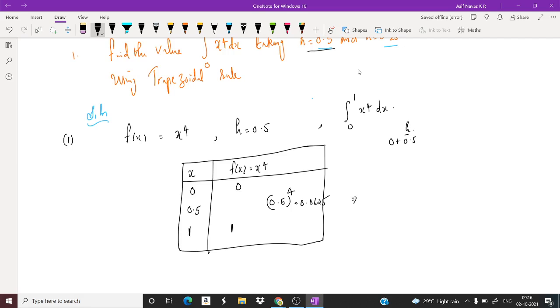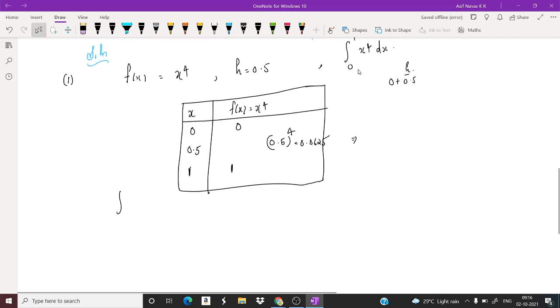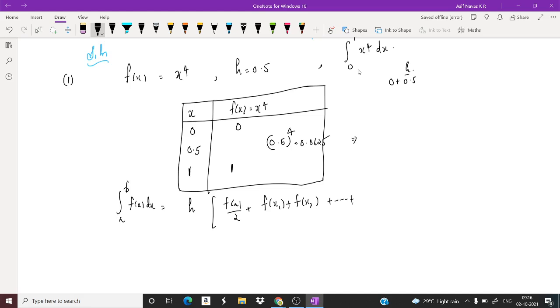Now, first we will write the formula. The integral from a to b of f(x) dx is equal to h into [f(a)/2 plus f(x1) plus f(x2) plus etc. f(xn-1) plus f(b)/2].